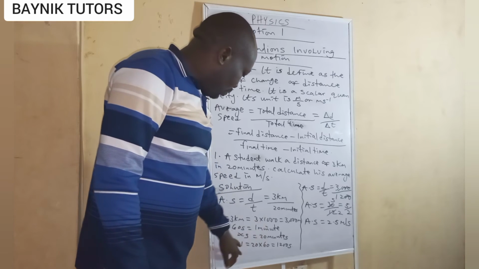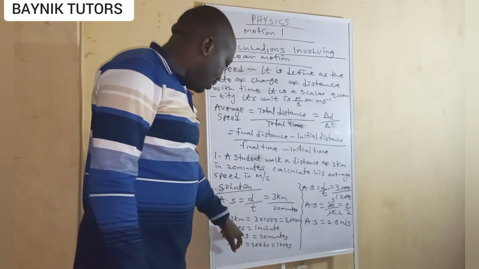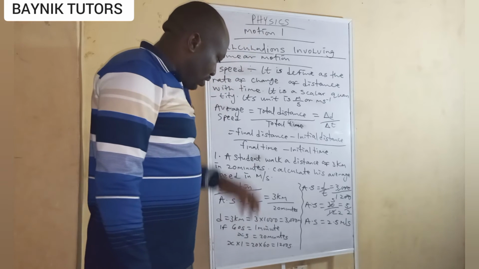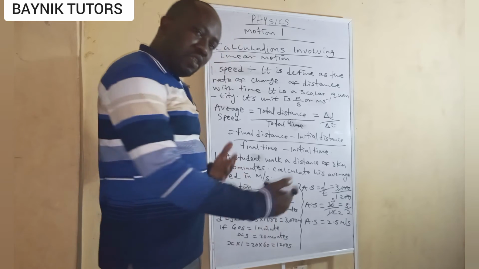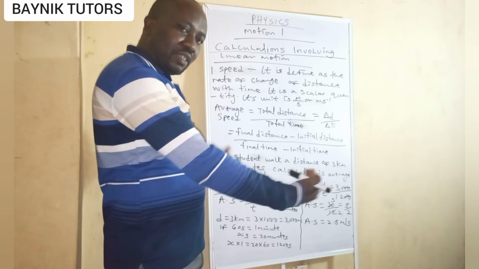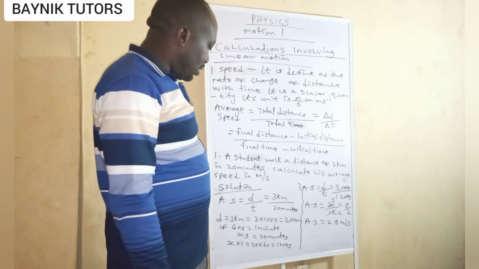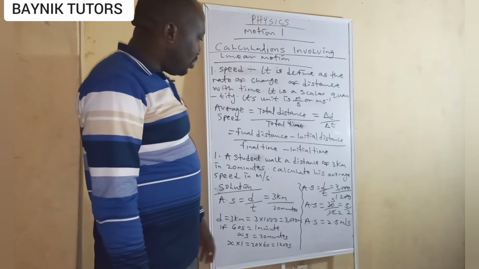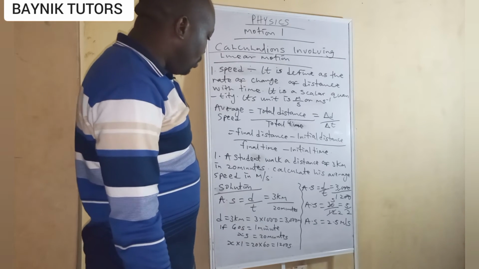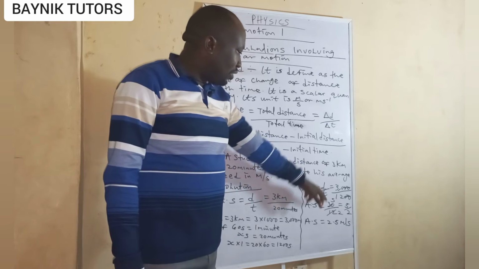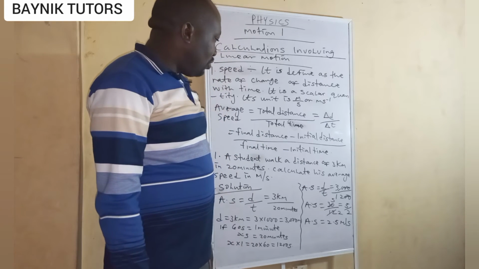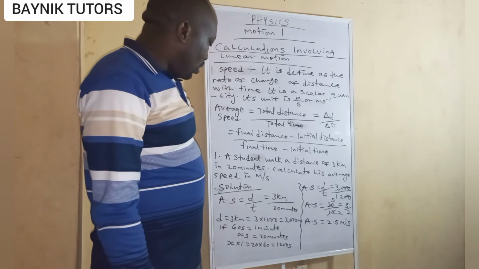Seconds here, minute there. That will be x times 1 is 20 times 60, that's 1200 seconds. So here we now say average speed is distance over time, which is equal to 3000 over 1200.